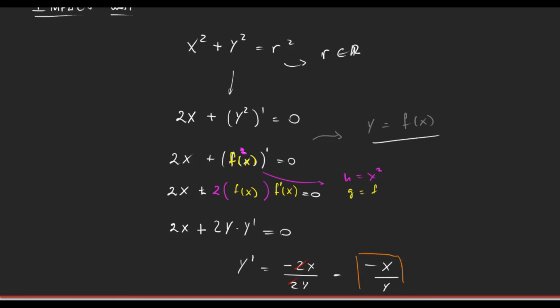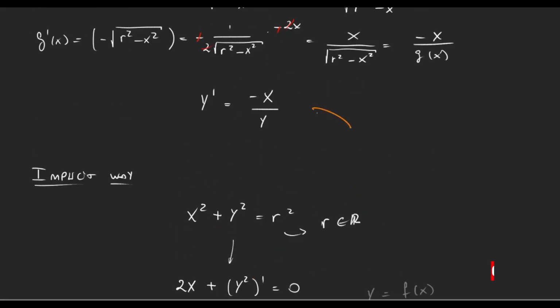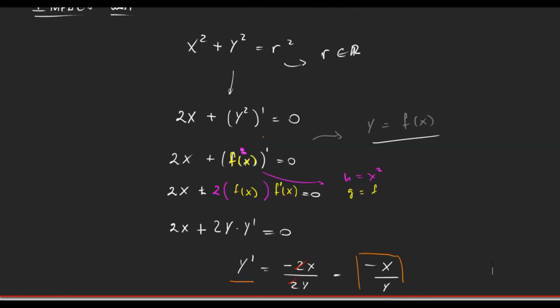And this is y prime, that is exactly what we got here, but only way faster. And this was only using the chain rule, because as y is a function of x, then we can use the chain rule here to calculate its derivative faster.